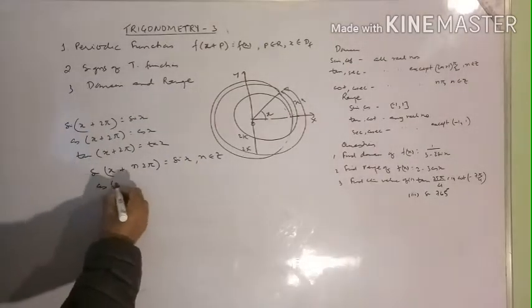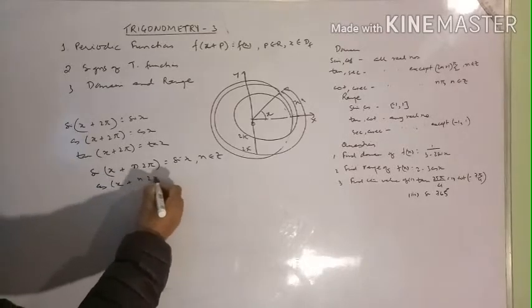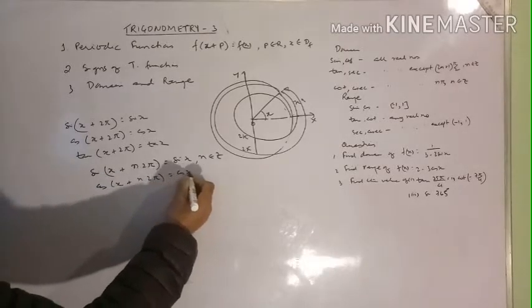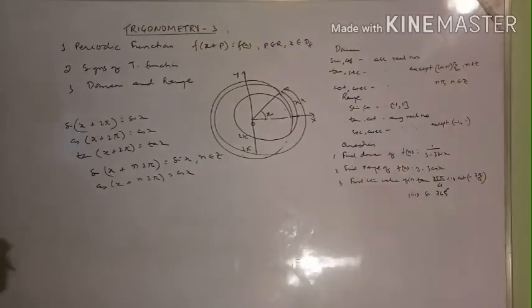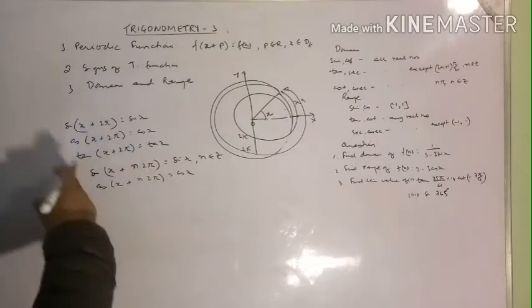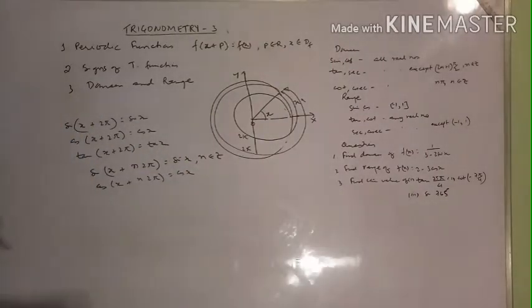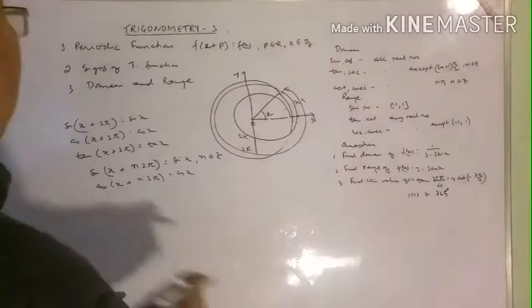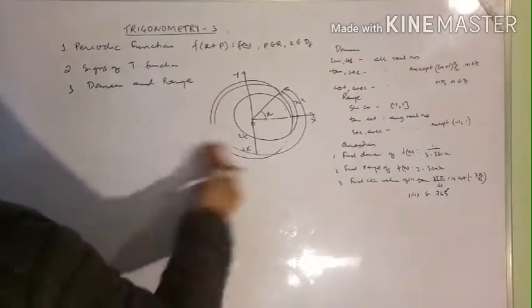Similarly, cos x plus n into 2 pi will also be cos x. Okay, so any multiple of 2 pi plus x, the value will be the same as sin x. This is called periodic. That's why these functions are called periodic functions.